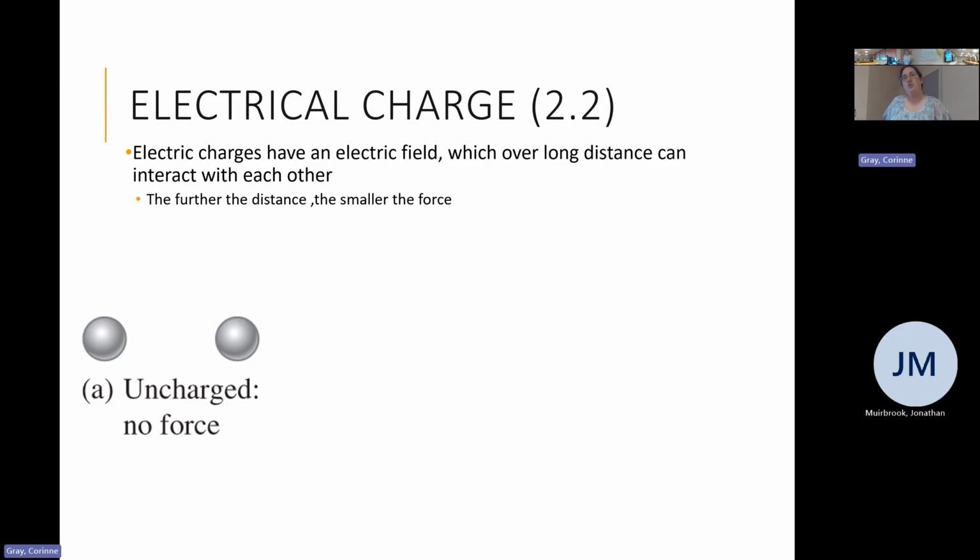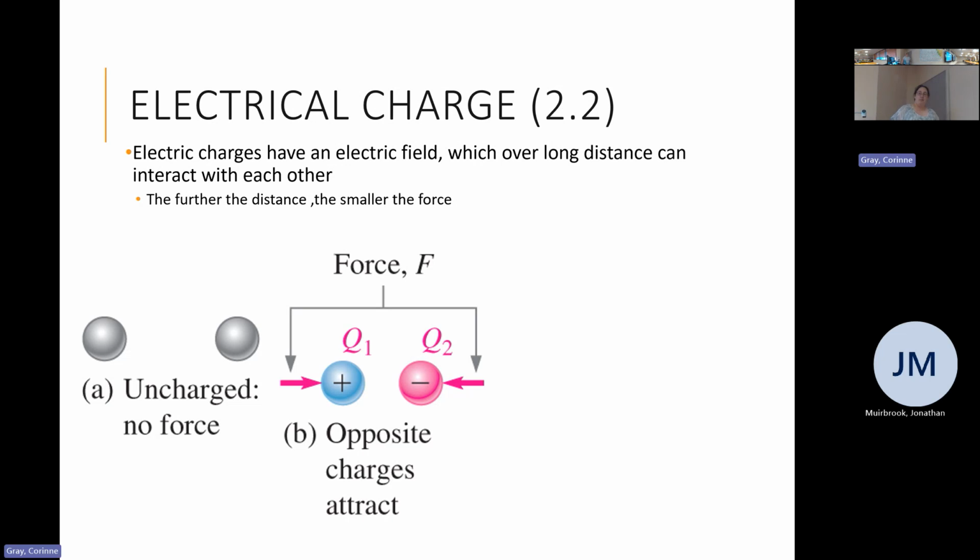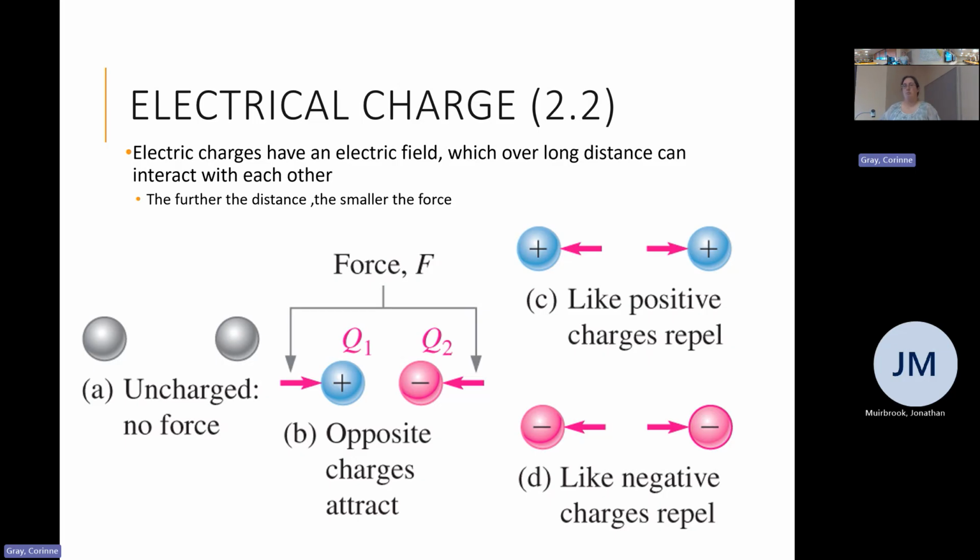If you tried to bring together uncharged particles, let's say two plastic pens, they are not electrically charged, so there's no electrical force between them. Opposites do indeed attract. It's part of the reason why electrons orbit around positive charges. And then the like ones are going to repel.